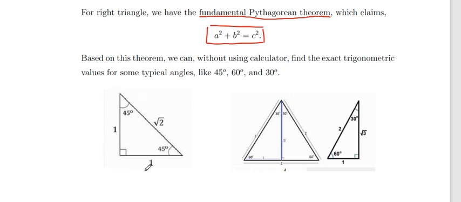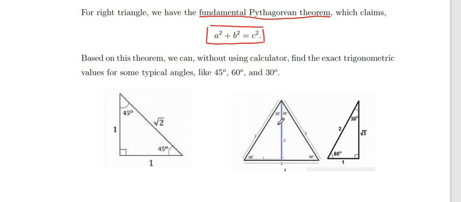This is the typical right triangle 1, 1, root 2, and these angles are 45 and 45. Or take an equilateral triangle with 3 equal sides, 2, 2, 2.